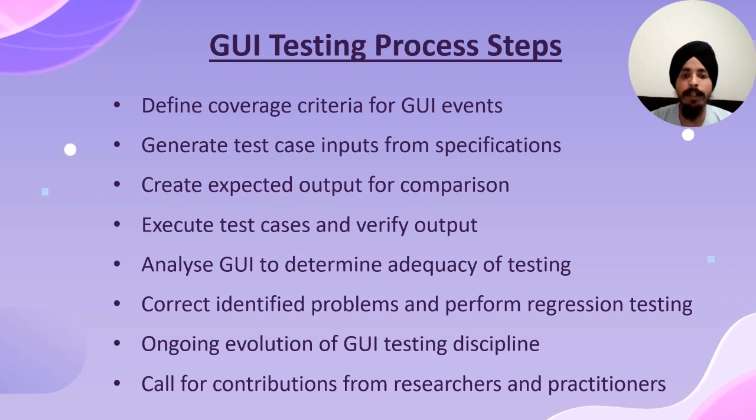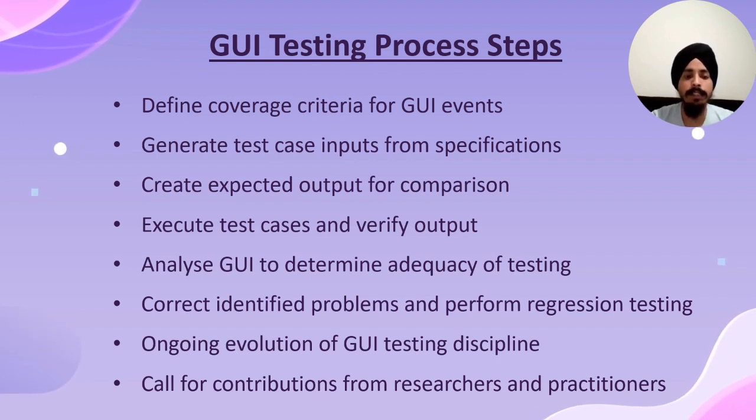Analyze the GUI to determine adequacy of testing. We continuously analyze the GUI to determine the adequacy of testing. Correct identified problems and perform regression testing. Ongoing evaluation of GUI testing: the discipline is an ongoing process.